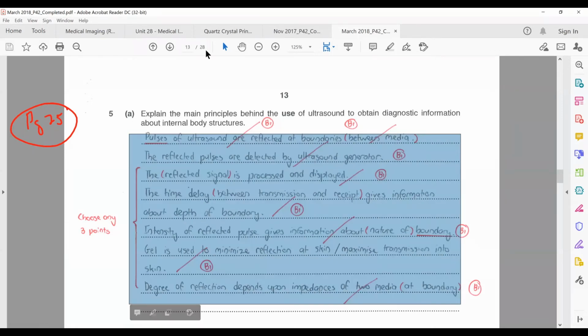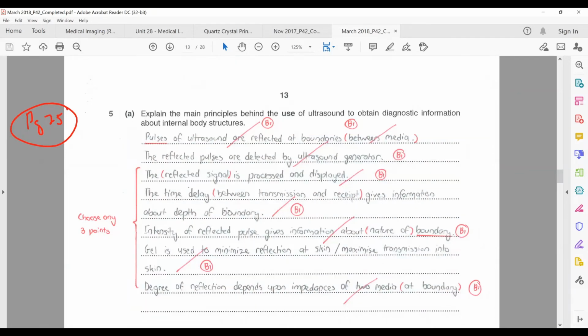If you want to make use of a diagram to understand it better, I will just draw it here. You can copy this in the meantime. I have four mediums: medium 1, medium 2, medium 3, medium 4.